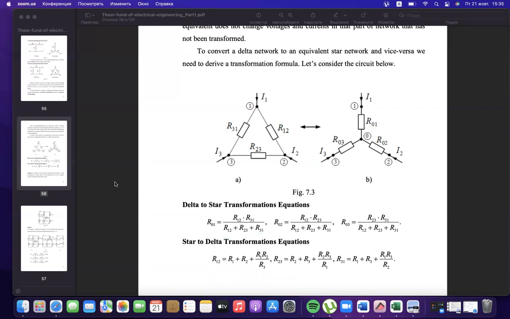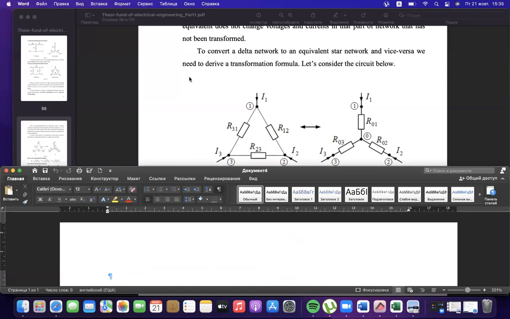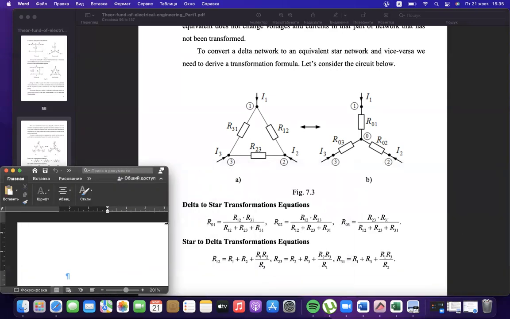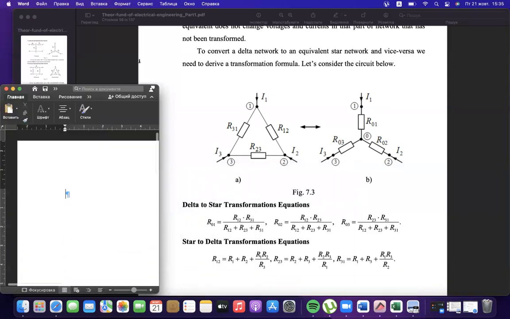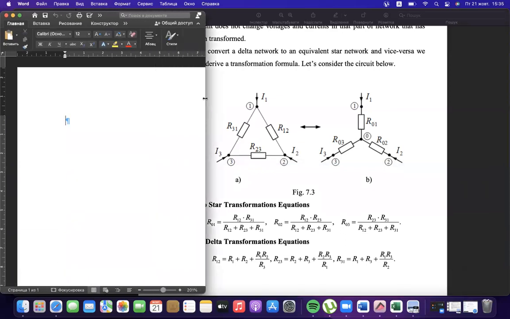How could these formulas be proved? Just to check that they are valid. If these transformations are called equivalent, then it means that the resistance should be the same.